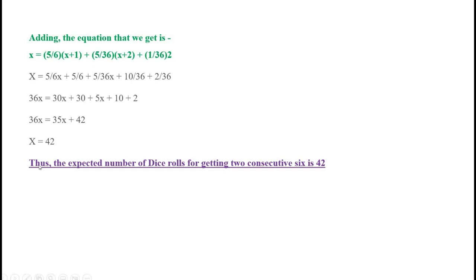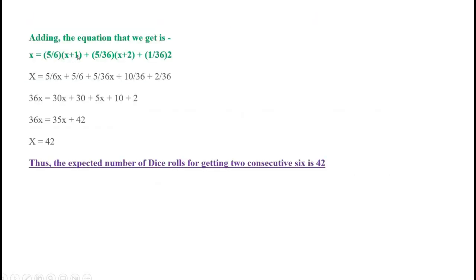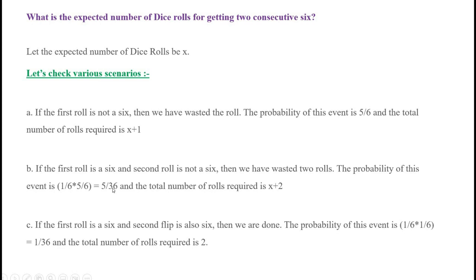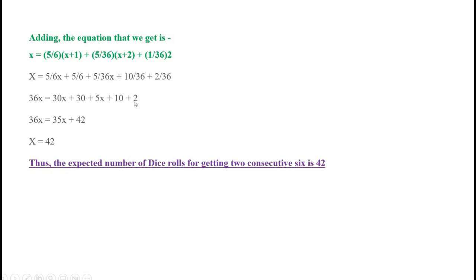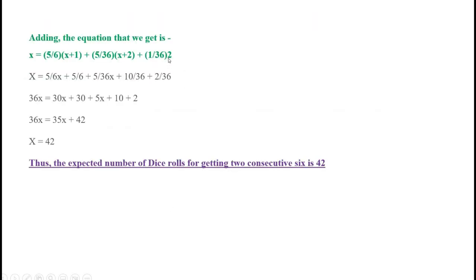The total number of expected rolls is X, so X equals 5 by 6 into (X plus 1), the first scenario's probability times its rolls. Plus, for the second scenario, 5 by 36 into (X plus 2). And then similarly, the probability of the third event is 1 by 36, and the total rolls required is 2, so plus 1 by 36 into 2.